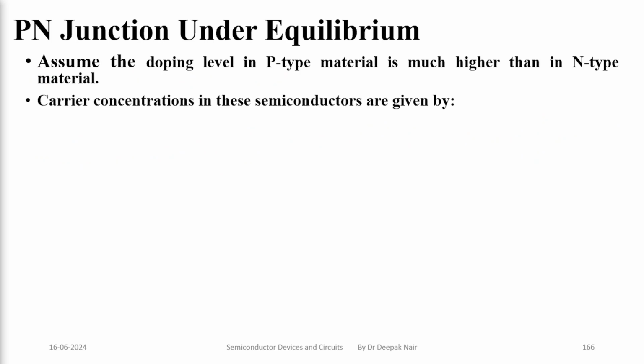So the carrier concentration in these semiconductors, P and N type, is given by P naught. Again, this naught represents that the semiconductor is at equilibrium.